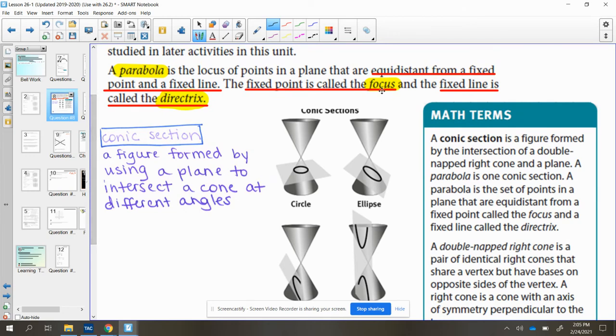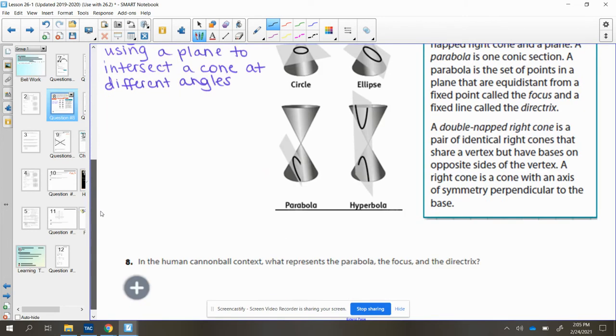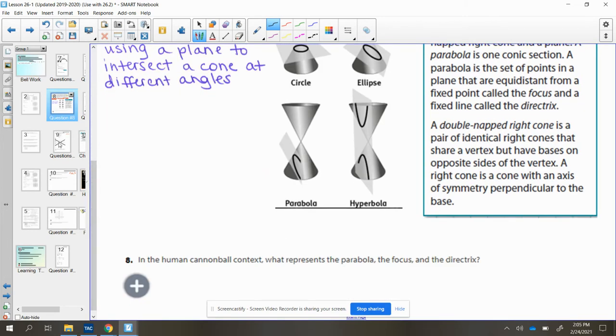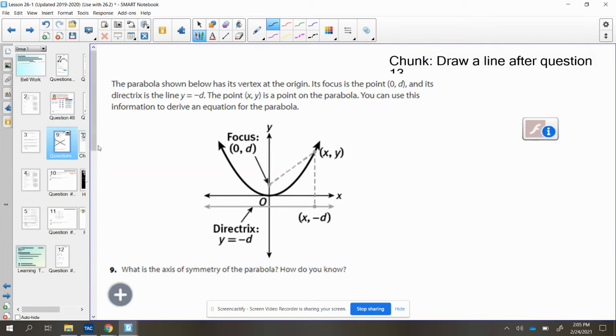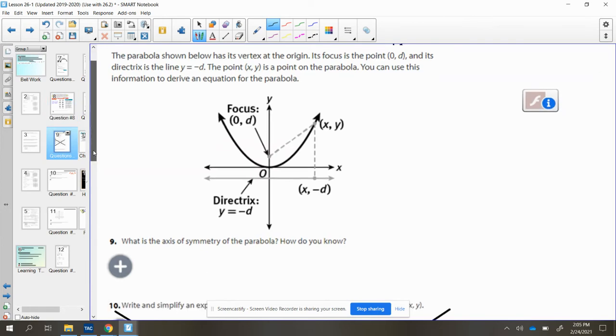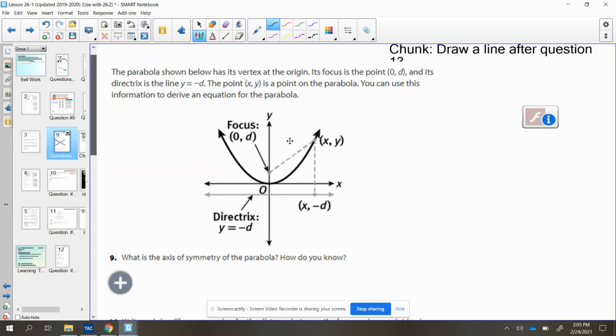Now, parabolas are formed from a fixed point on a fixed line, and we have a focus and a directrix as a part of each of them. So we'll see that at the bottom of page 348 for our upward facing traditional parabola that we're used to talking about, y equals x squared. And when we see this, we see the points on here.